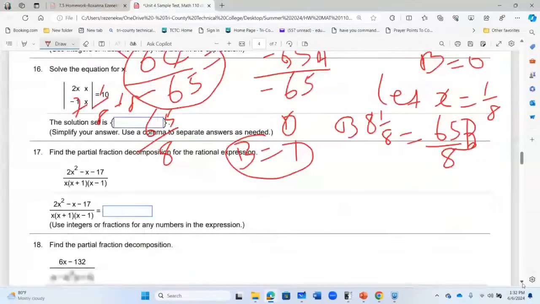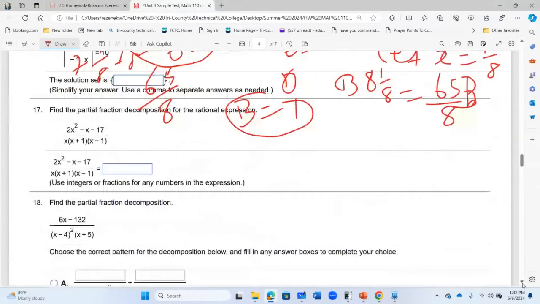All right, so when we come to this one, it is actually still factorized. So the same method, you can just decompose it. You don't have to find the factors because it's already found for you.